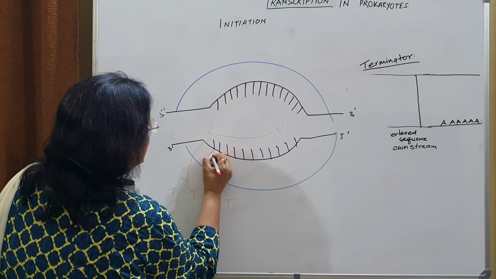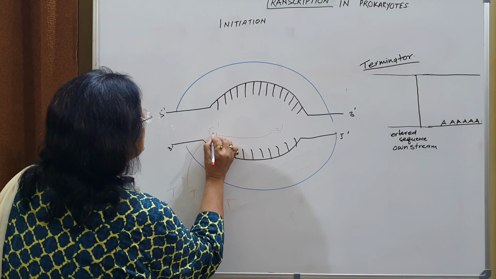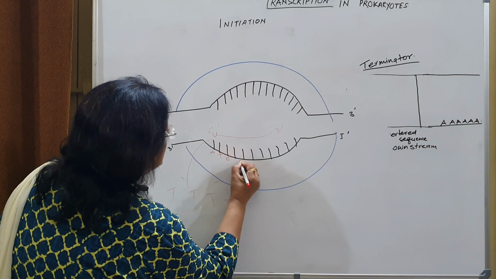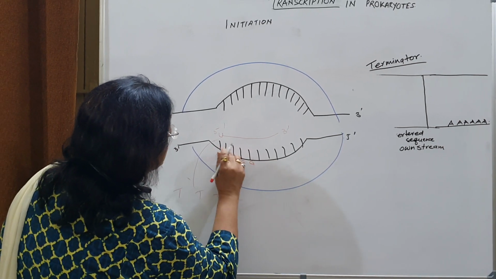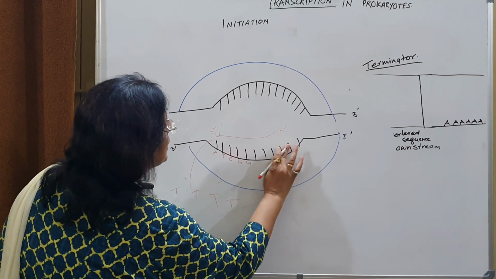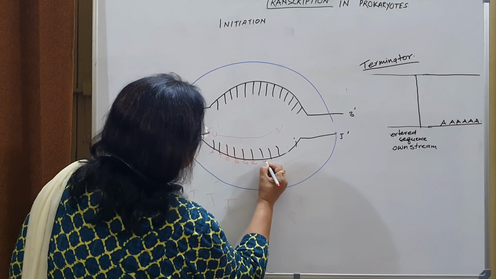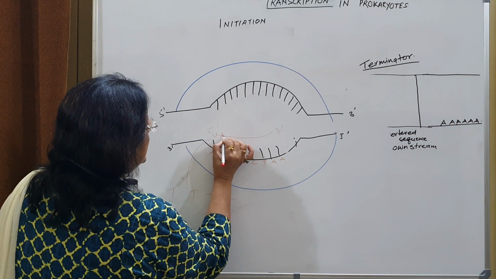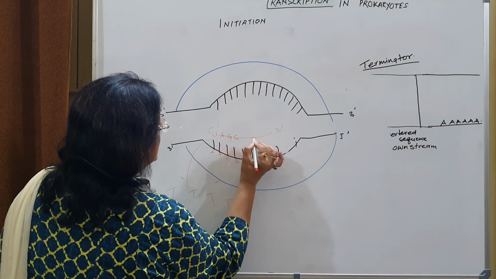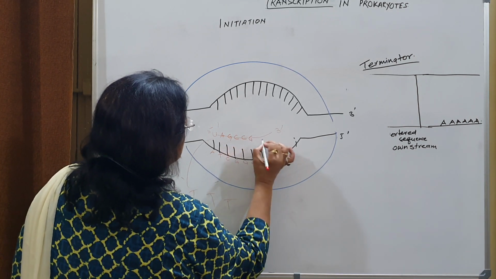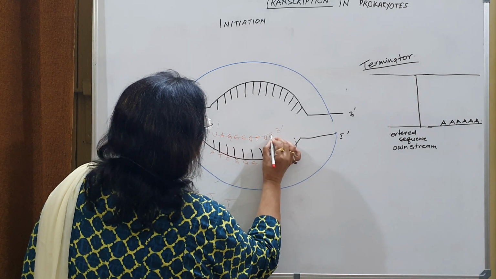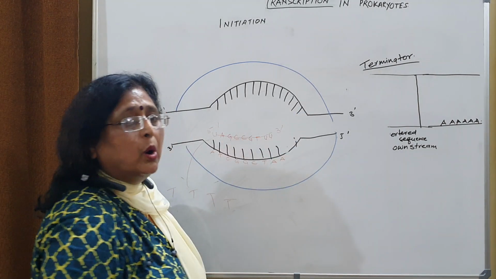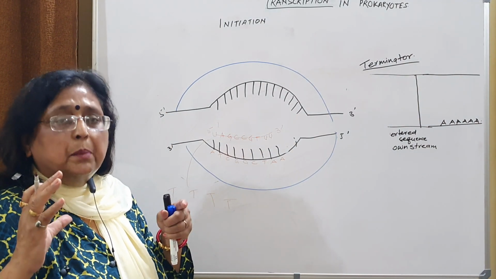So if it is A over here, since it is RNA, U will come over here, then T, C, G. This will be formed when about 10 base pairs are formed.